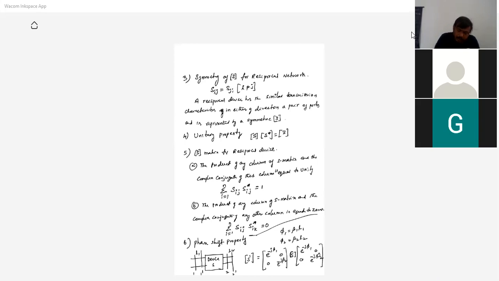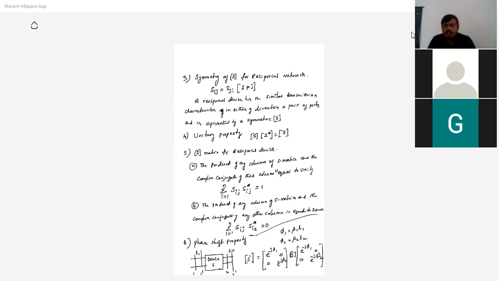So this is the shifting property. You can write up to 5, there is no problem. If you remember this, you can write, not a problem. So minimum 4 you can represent. Actually, the first one is the general one. The S matrix is a square matrix. The remaining you can remember. The last one, if you remember, you write, otherwise no problem.